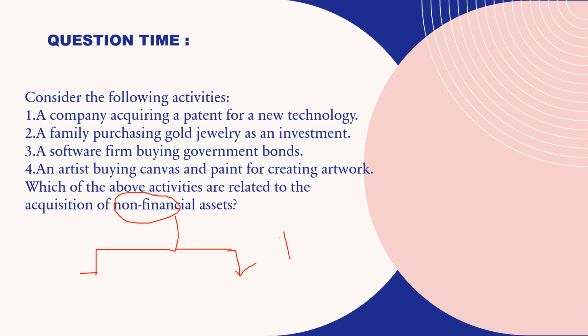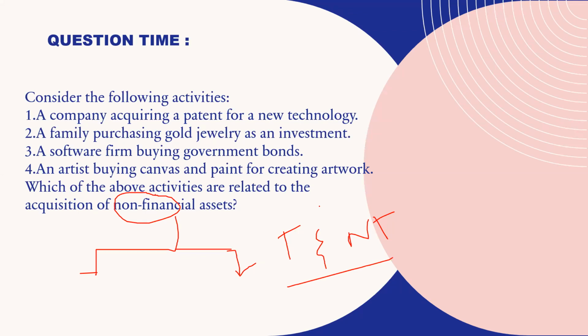They are both tangible as well as non-tangible. Non-financial assets are both tangible as well as intangible assets. So tell me which is a tangible non-financial asset. Yes, gold. Gold is a tangible non-financial asset.